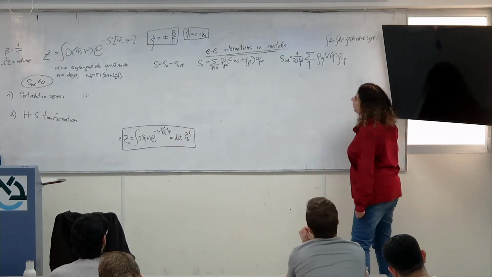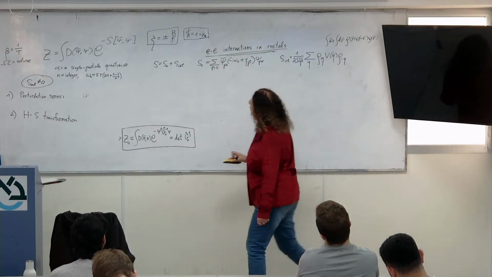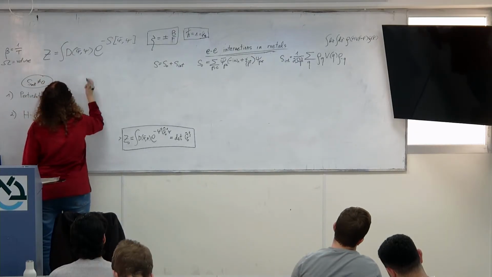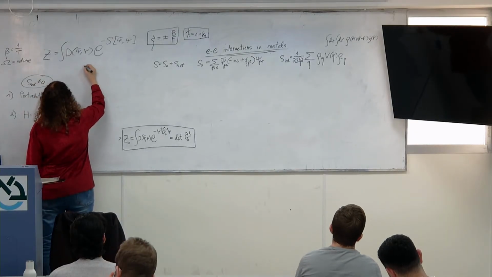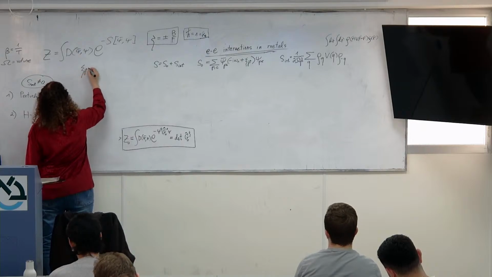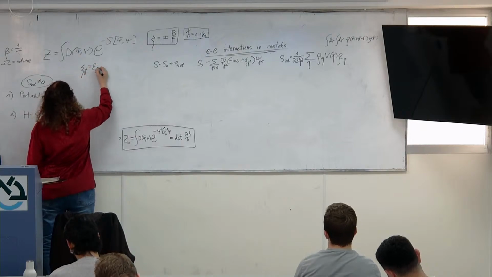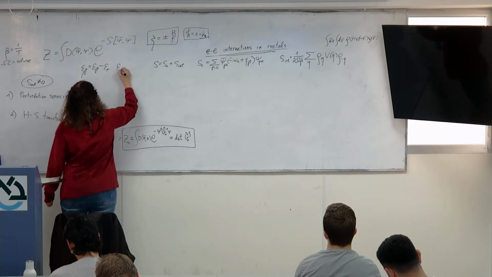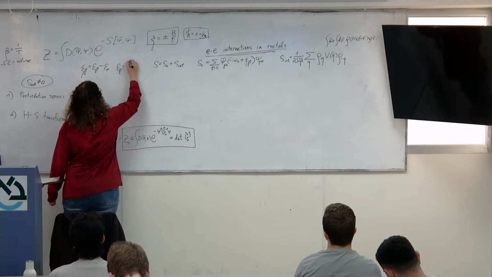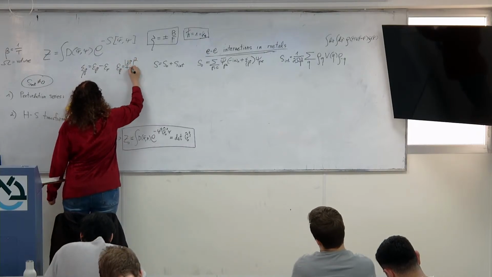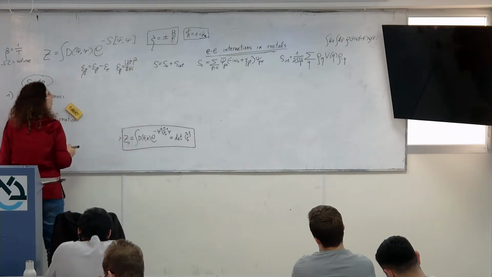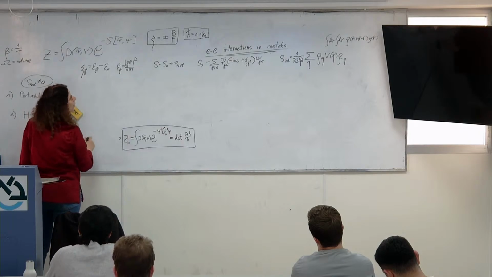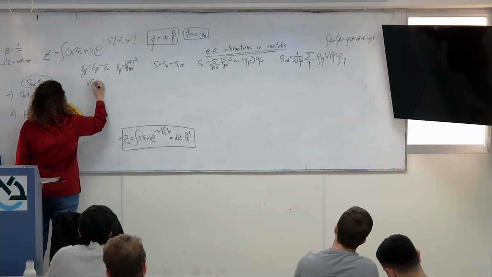And just for completeness, let me remind that in our case, the definition of xi is epsilon P minus E Fermi, where epsilon P is the kinetic energy. And what else do we need? Matsubara, we know, I'm not writing it again. And the Coulomb interaction.